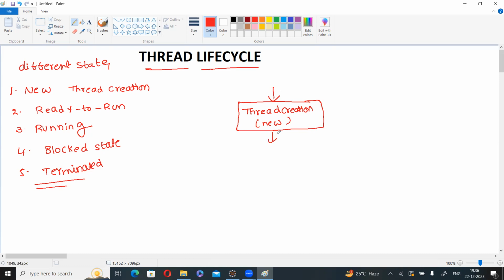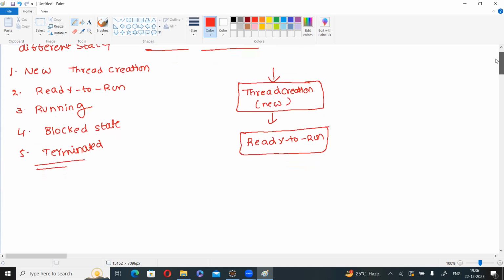Once the thread is created successfully, the thread enters into a ready to run state. Ready to run in the sense the thread is ready for execution. Whenever the CPU is available, immediately the thread starts its execution. That is simply ready for execution.